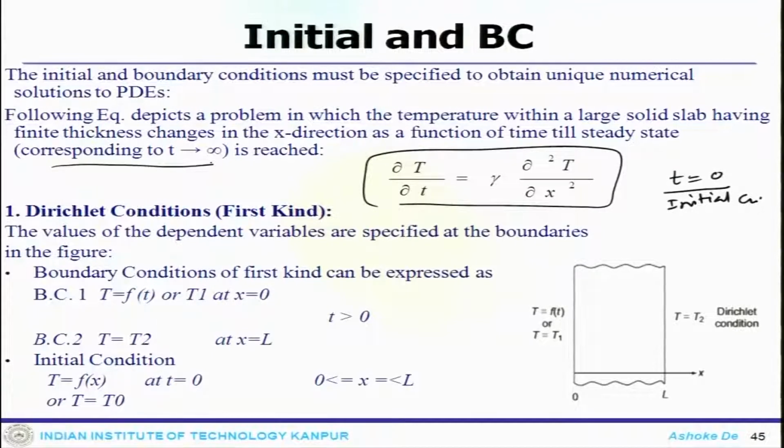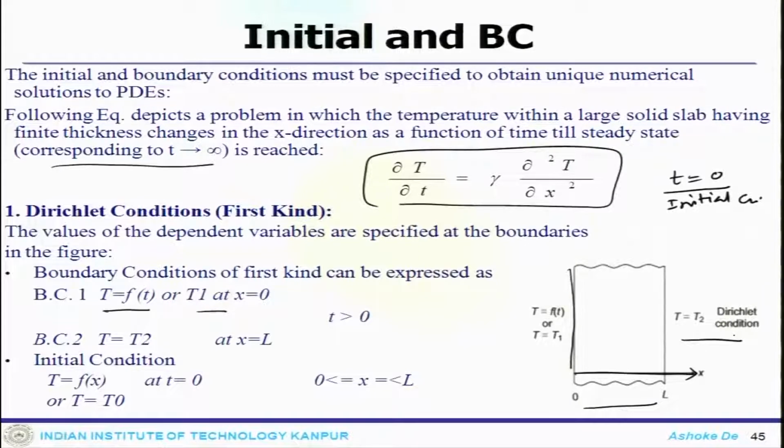Now, the boundary conditions. This is a one dimensional plate, if you look at it, and this is the distance of the plate, and the solution is marching towards that. So, the boundary conditions could be one kind, which is called the Dirichlet kind, and Dirichlet conditions mean that on the particular surface the boundary values are known, and on the other surface also the boundary values are known.